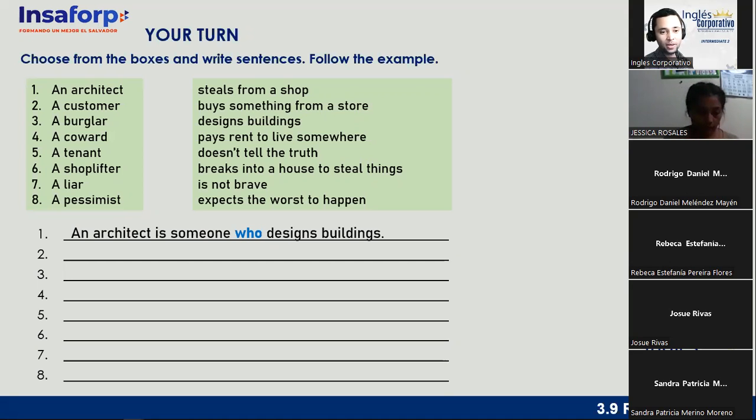Room 3, Diego Anthony, Neidy Idis, and Rodrigo Daniel. And in room 4, we have Maritza Guadalupe, Rebecca Estefanía, and Rodrigo Antonio. So everybody, we're going to open the breakout rooms now. Please join the groups and let's work in the exercise.